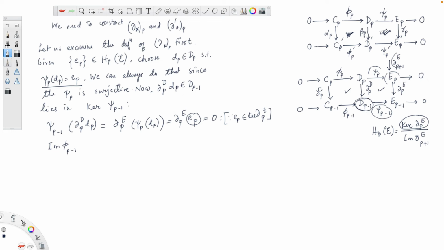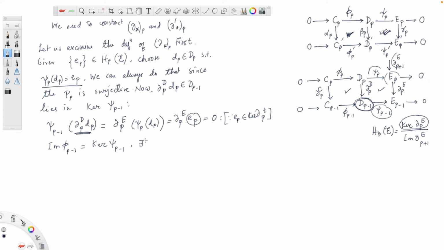At the spot D_{p-1} the sequence is exact in particular, and this means that the image of phi_{p-1} is the same as the kernel of psi_{p-1}. And we have just shown that this element belongs to the kernel of psi_{p-1}. Therefore, this also belongs to the image of phi_{p-1}.